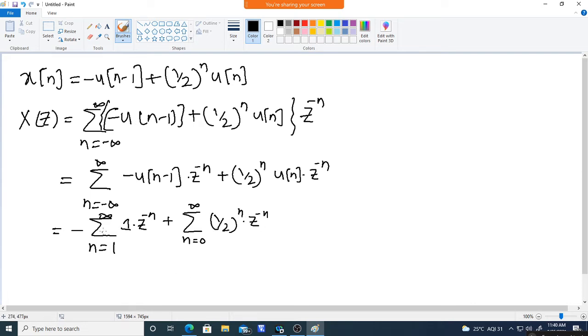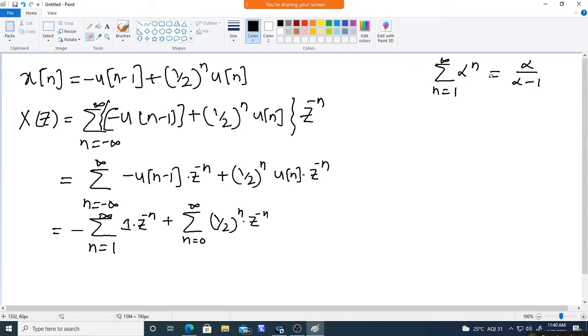Now we have the formula: summation n equal to 1 to infinity alpha power n, which we write as alpha by 1 minus alpha.